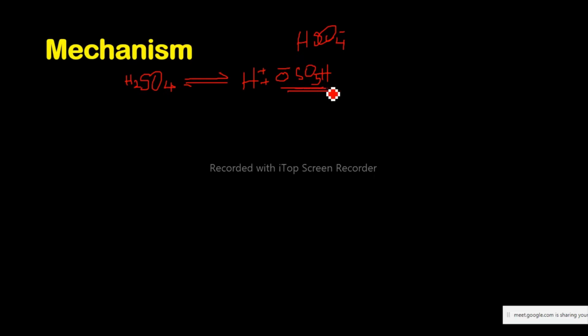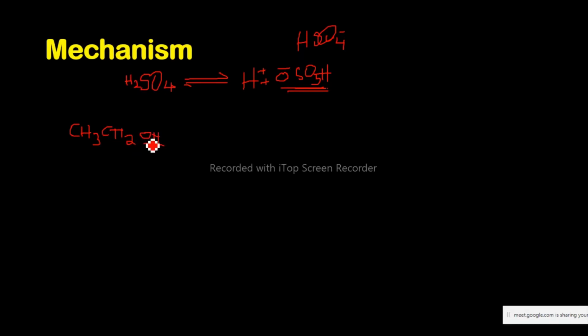The first step is dissociation of the acid. Then the next step is protonation of the alcohol. Why are you protonating the alcohol? Because the alcohol already has a leaving group. When we write our alcohol like this, CH3CH2OH, this OH is already a good leaving group.